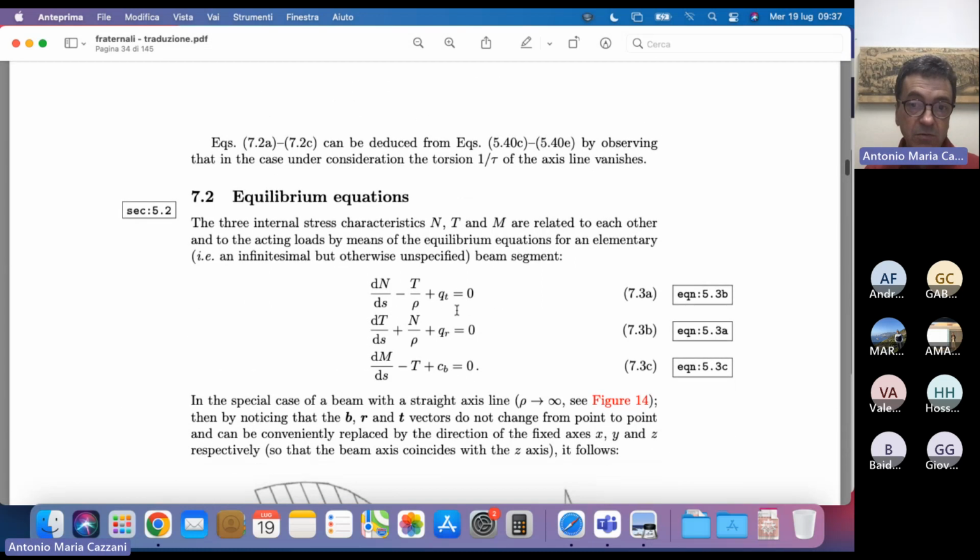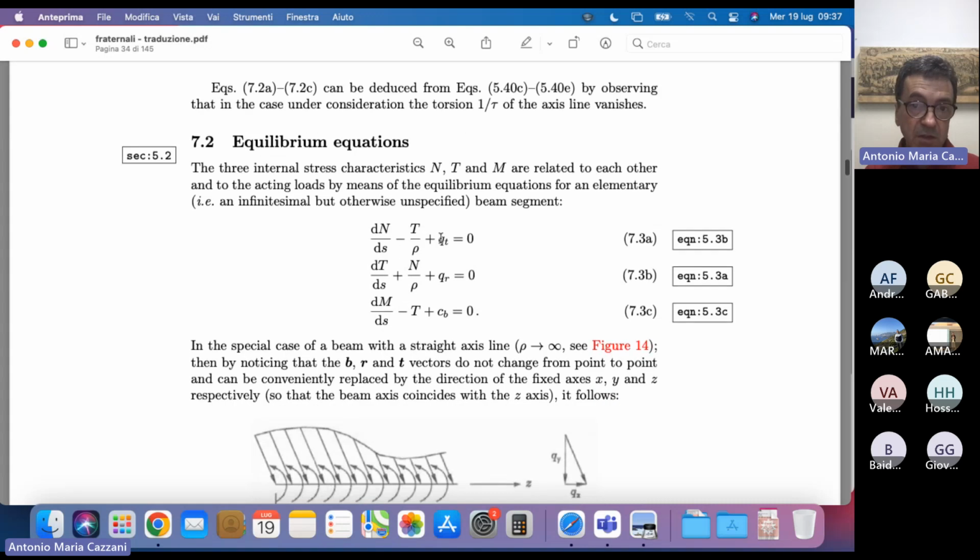The same happens to the equilibrium equation in the sense that if the beam has a curved axis line, then the equilibrium equation in terms of the tangent direction is also influenced by the presence of shear force, as well as the equilibrium equations projected along the normal directions, which get a contribution for the case of a curved beam from the axial force.